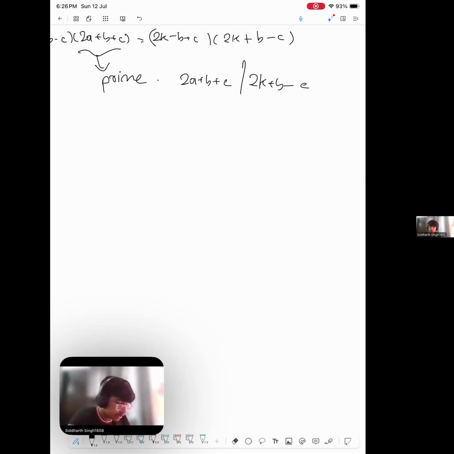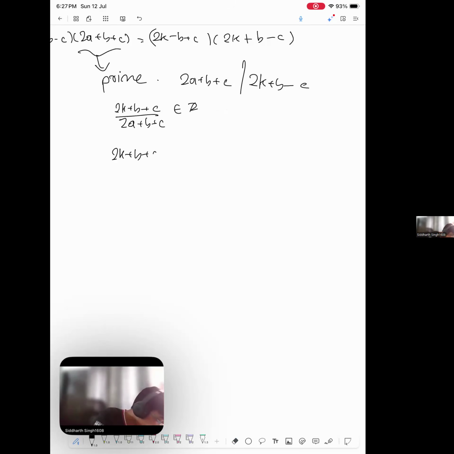Interesting. Wait, don't you think this is too good to be true in some sense? I'll just, this is a relatively easy part to understand. You would have that 2a plus b plus c divides 2k plus b minus c. Actually, no, I should explain this part properly, even though this is a fairly trivial part. So (2k plus b minus c) by (2a plus b plus c) is an integer, right?